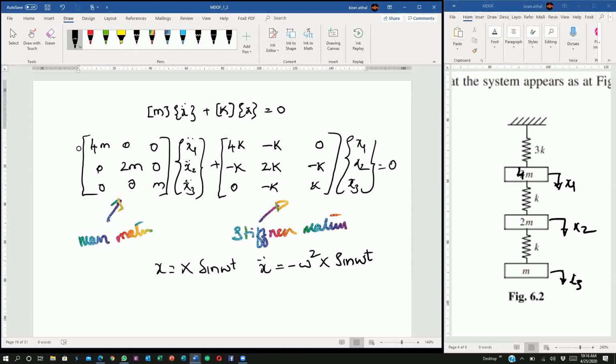So for the above one, if I apply it, what am I going to get?